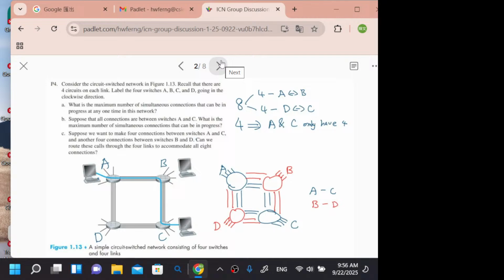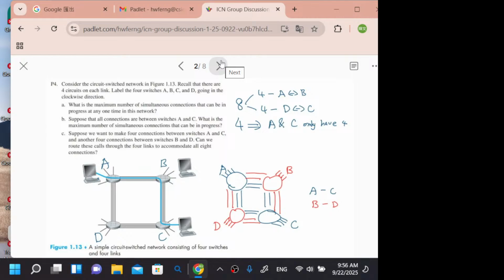For the second question, A and C only have 4 lines that can connect the computers, so the maximum is 4.